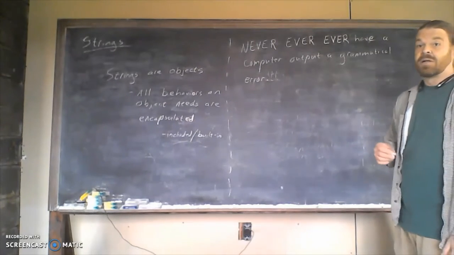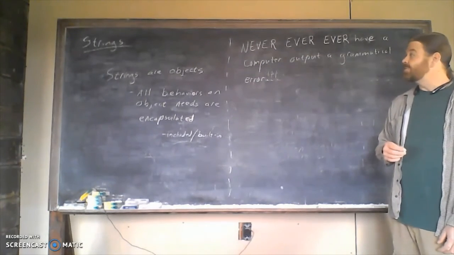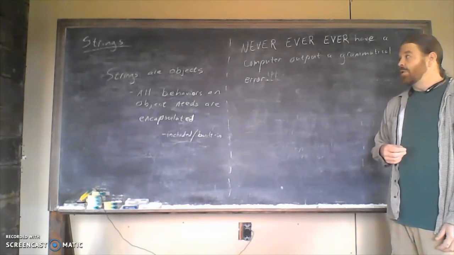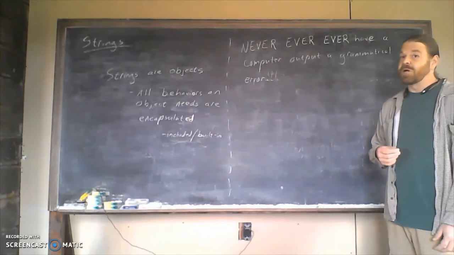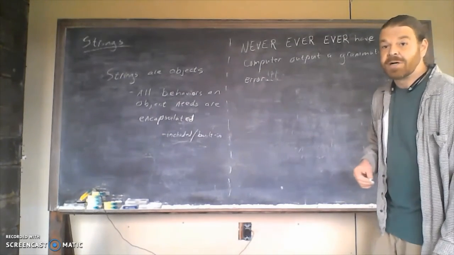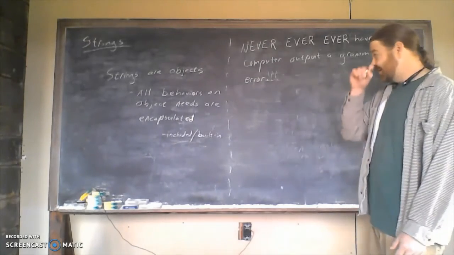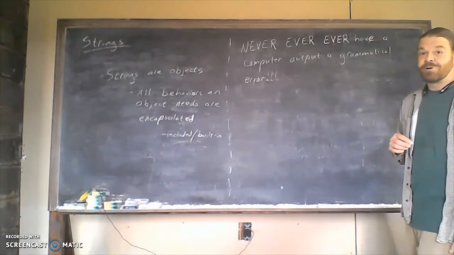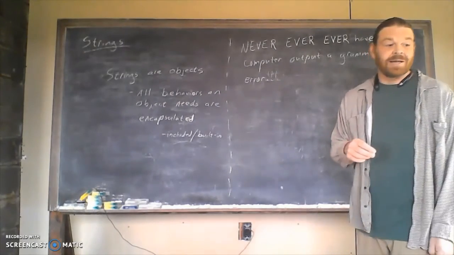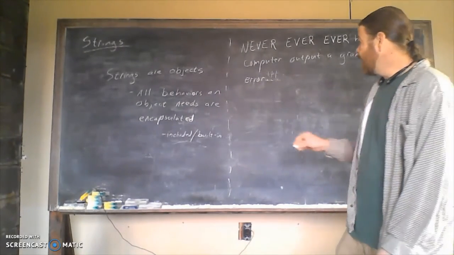But that one is critical. If users see grammatical errors coming from the program, they're probably going to give up on that software really quick. They're going to assume it's not good software right off the bat and go to something else. So that one is, never program a computer to output a grammatical error. So check those thoroughly. That's kind of an important one.